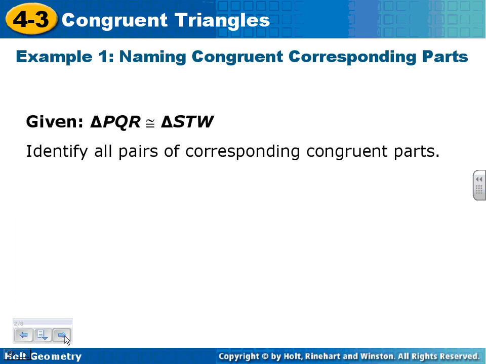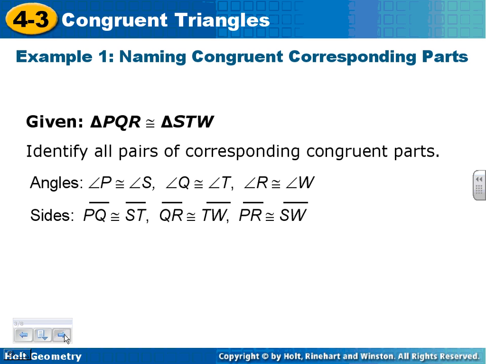If you go to the next slide, given triangle PQR is congruent to triangle STW, identify all pairs of congruent parts. And remember, there's 6 of them, and they're listed for you.